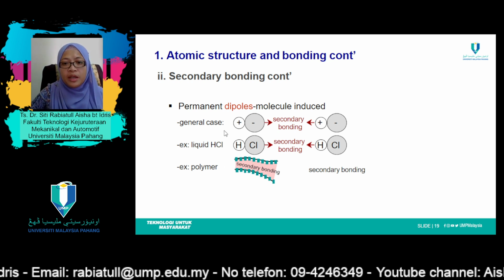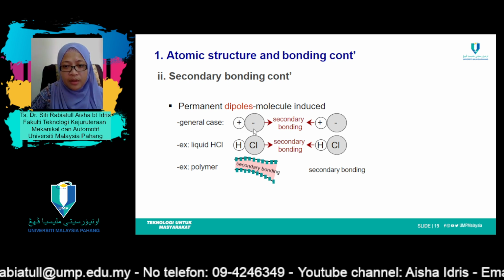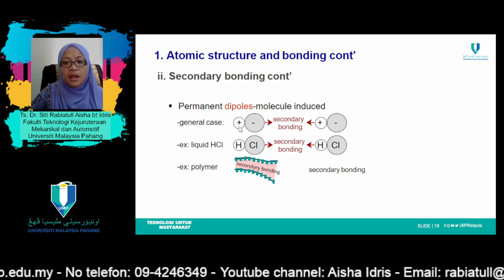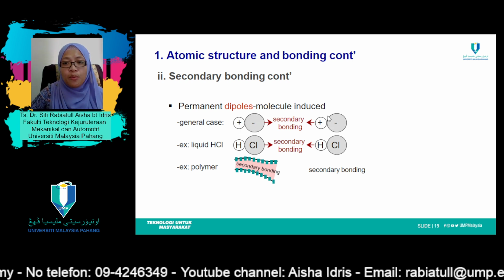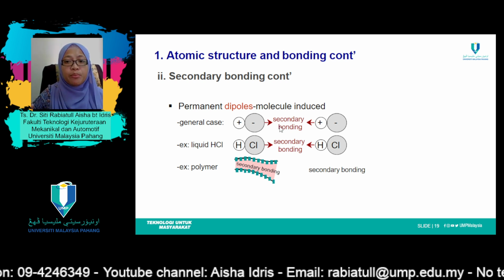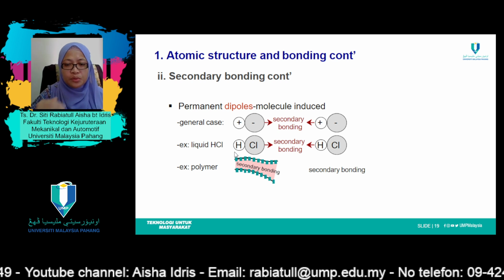So in general, there's a positive and negative together. This is the primary bonding, and then primary with primary combining with each other, turning into secondary bonding. Same goes for HCl and so on.